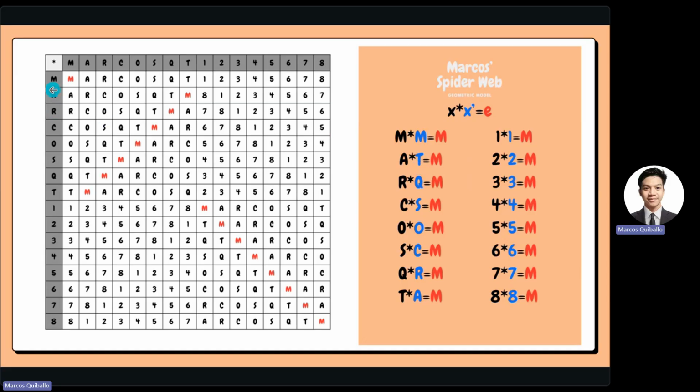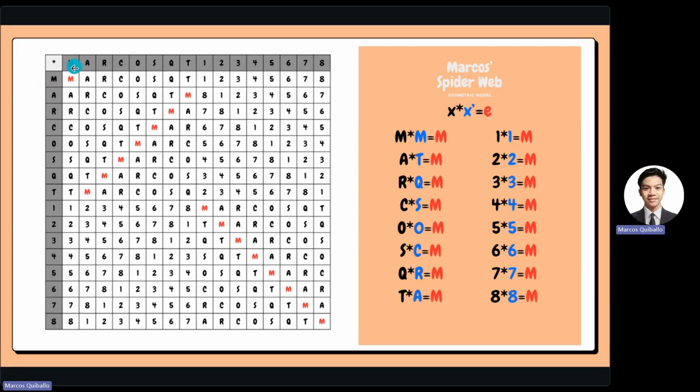So here is the pattern, or the quick way, to find the inverse element of an element. First, look at the row of the element and look for the identity element, which is M. The inverse element appears in the column at the top.